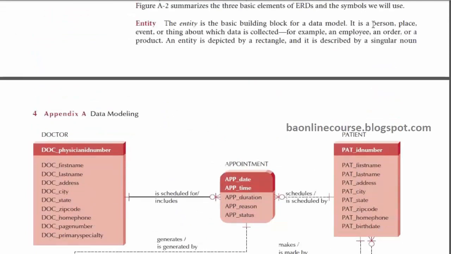Anything about which you need to store information, which is a person, place, event, or a thing, which needs to go into the system, you'd consider as an entity. That's a thumb rule which you can use. So figure out what are all the people about which you need to store information, and what are the things that you need to store. Then each one of them becomes an entity, right?